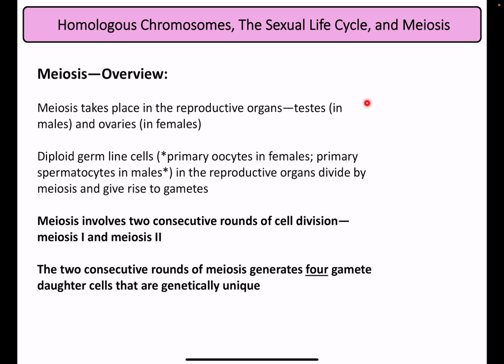Basically, you have a parent cell. It's going to divide. I need more room than that. You have a parent cell, and it's going to give rise to 2 daughter cells. That's 1 round. Then each of these cells is going to divide again.